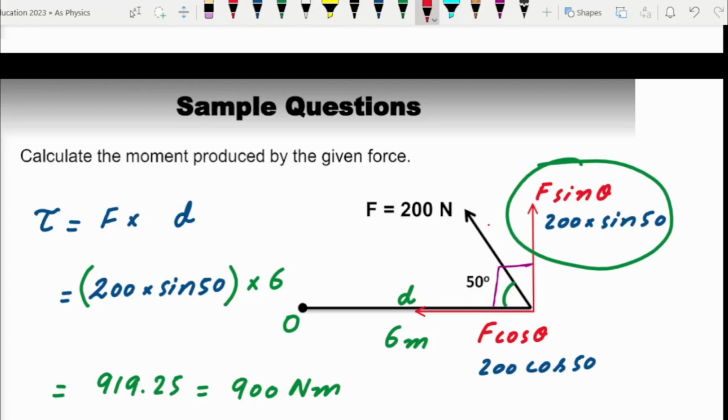Alright, depending on the data. If the lowest number of significant figures in the data is 1, 900 would be the answer. If the lowest number of significant figures in the raw data is 2, then 920 would be the right answer.